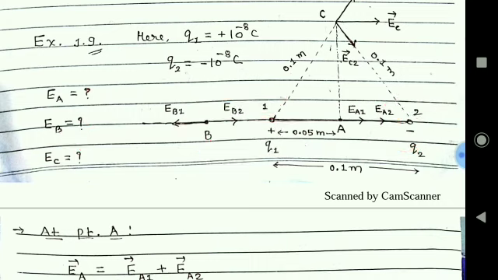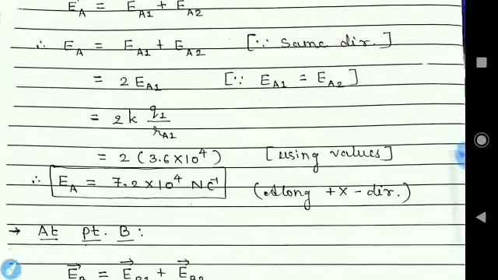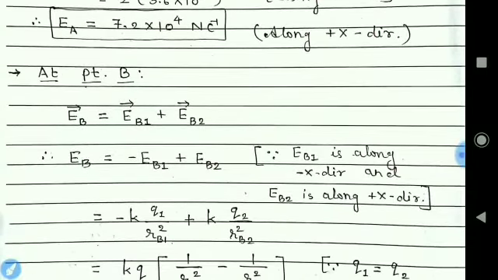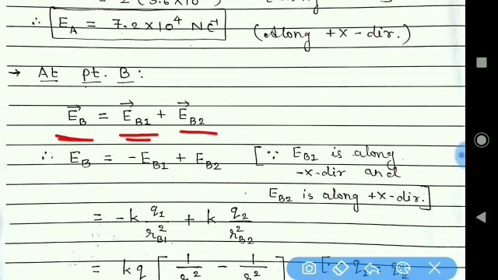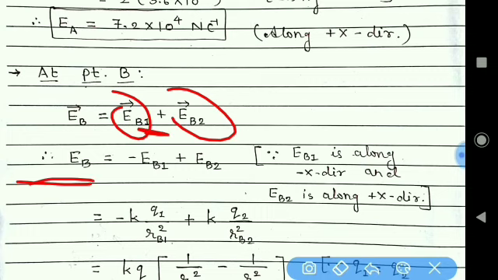So now let us see the calculation part. Again, the resultant electric field at point B is the summation of both these electric fields. Here you can see this equation is in vector form, and so as a vector we have to add these two, but after that we are going to find the magnitude.